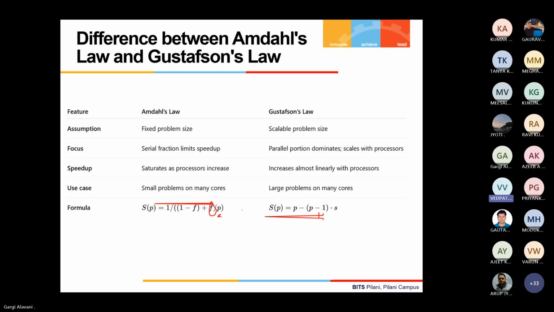Correct, only the portion which can be made parallel is going to be divided, and then it's going to take less time. So in Gustafson's law, we are multiplying the non-parallelizable part by the number of processes, whereas in Amdahl's law, we are dividing the parallelizable part by the number of processes.